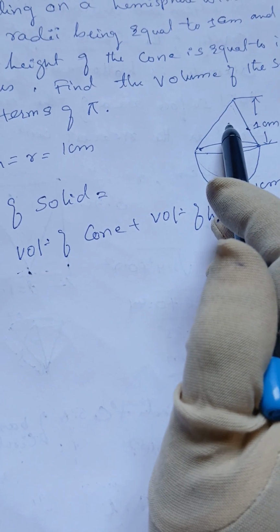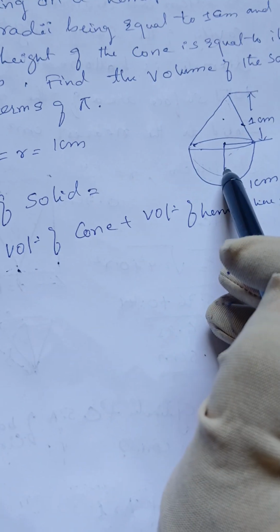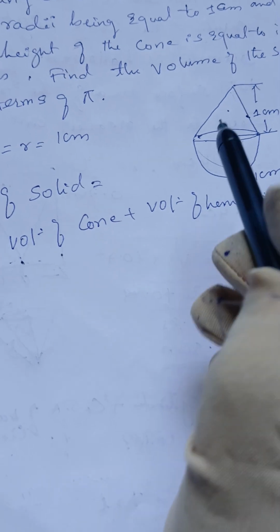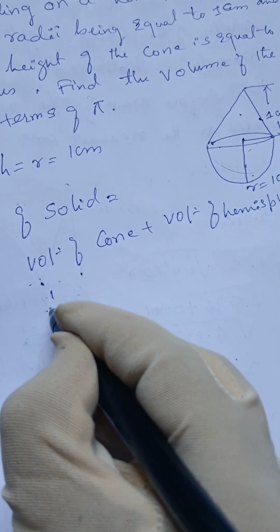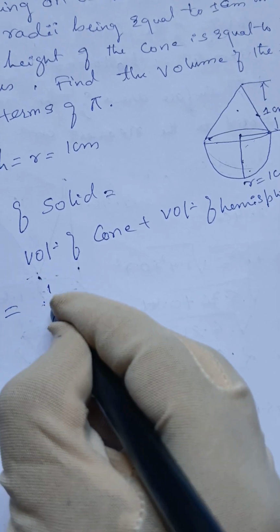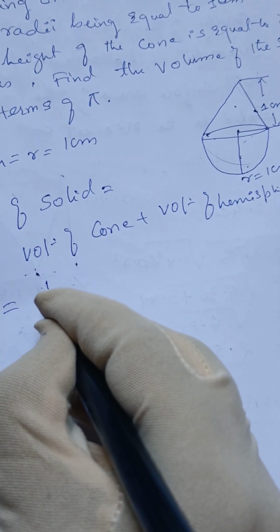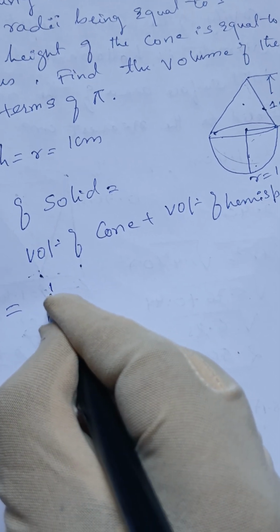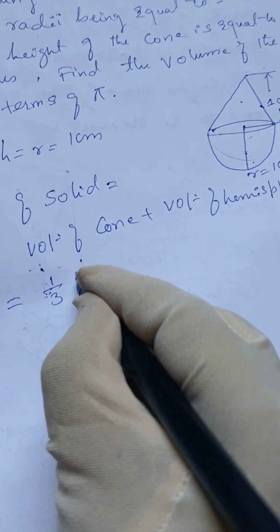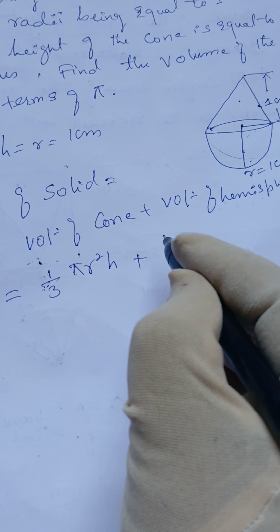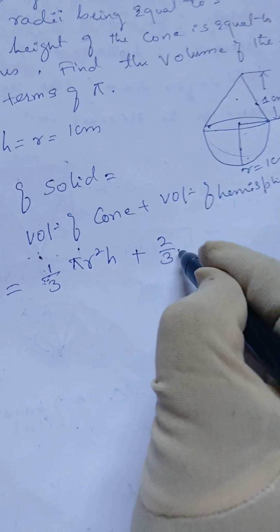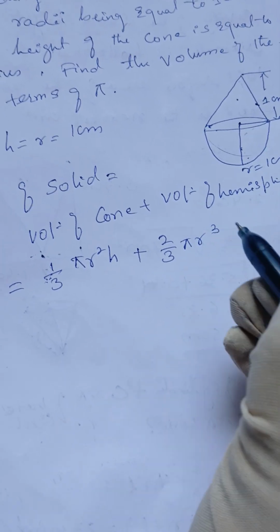First we will calculate the cone volume, then we will add the volume of the hemisphere. The volume formula I have given already. The volume of a solid is equal to volume of a cone, which is 1/3 pi r square h, plus volume of hemisphere, which is 2/3 pi r cube.